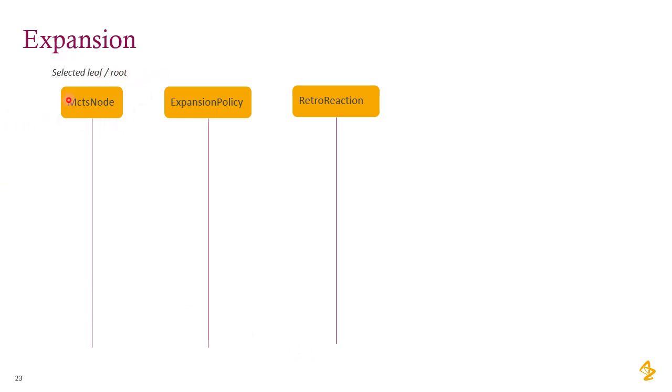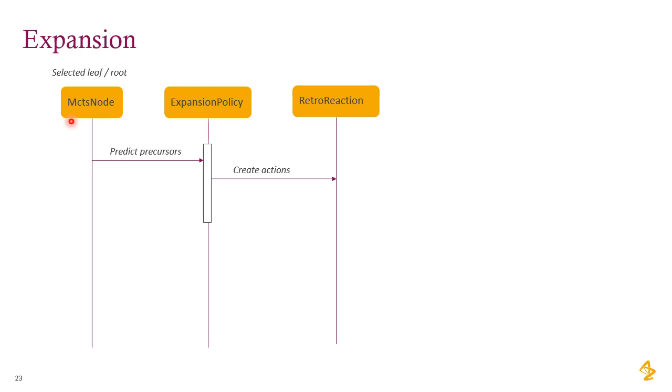and the Monte Carlo node here is the leaf node. And the first thing it will do is to call the expansion policy to predict precursors. It will call the get actions method that we saw a few slides back. The next thing that will happen is that the expansion policy will do its thing.